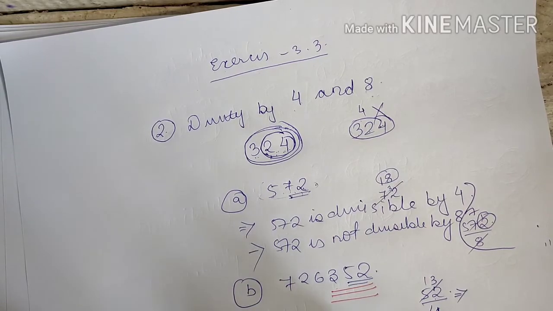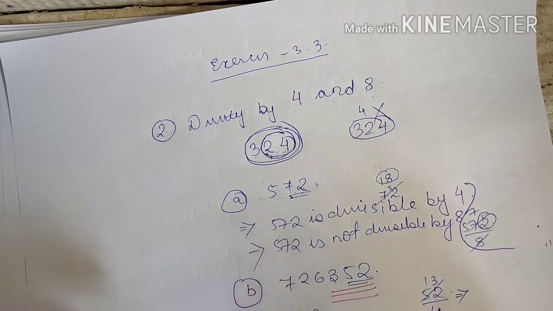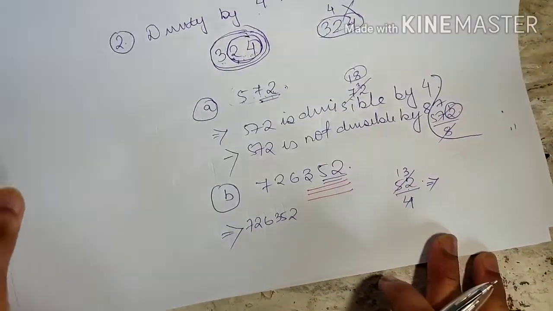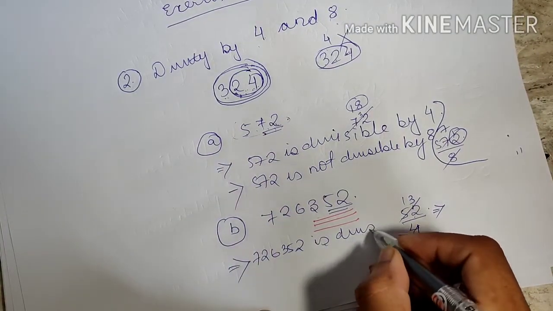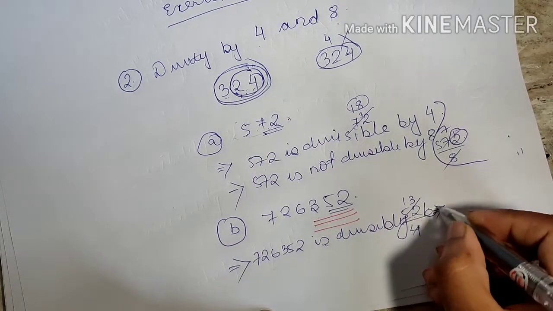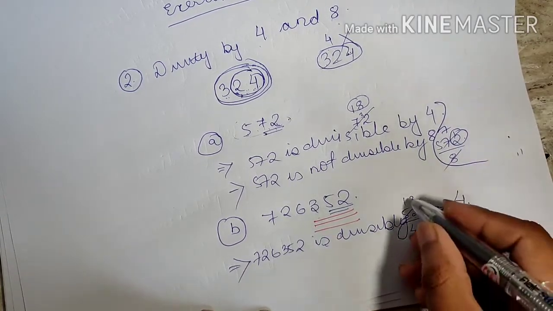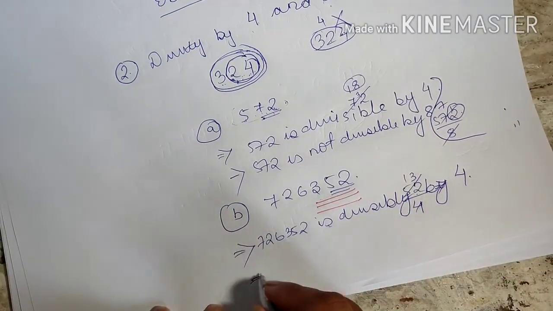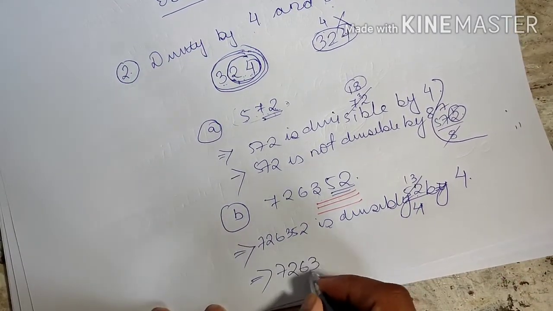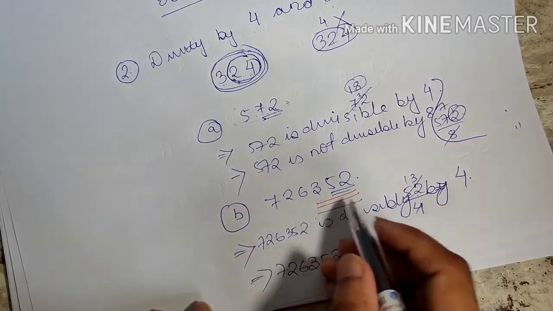So you can say that 726352 is divisible by 4. Okay, this cancellation process you do on the rough side. Next, let's see whether this 352 is divisible by 8 or not. So for 8, what you have to see?